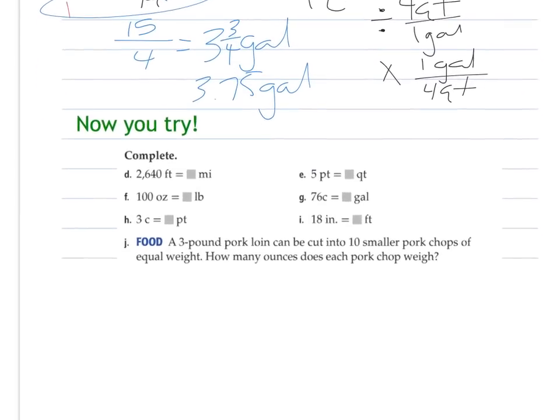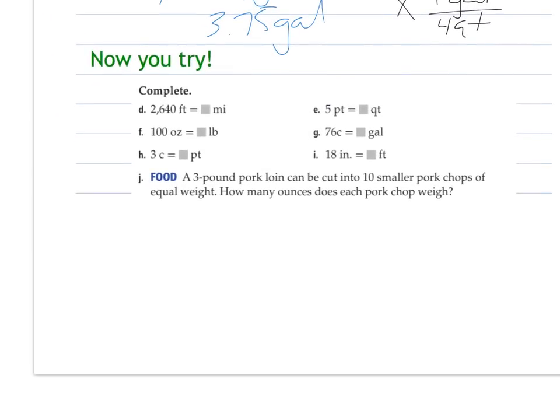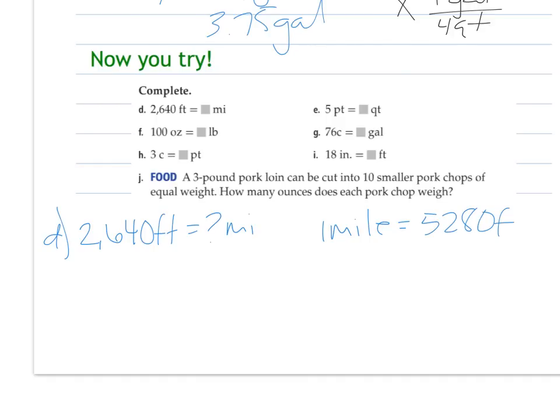So again, I'm going to show some of these maybe differently than you would. I'm kind of going right to that step. So for D, I'm looking at 2,640 feet is equal to how many miles? Well, what I know is that 1 mile is equal to 5,280 feet.